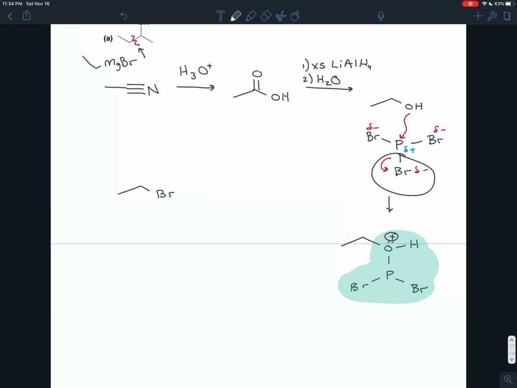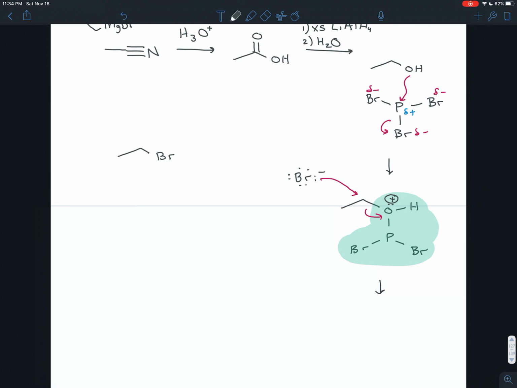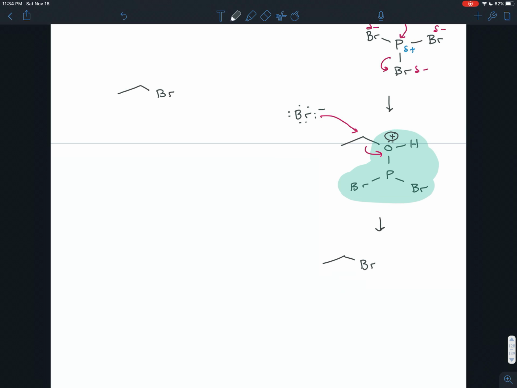So the bromine that left can sort of swoop in and kick that off, do another SN2 reaction, and you end up with the bromine on the carbon chain and some weird phosphorus compound.